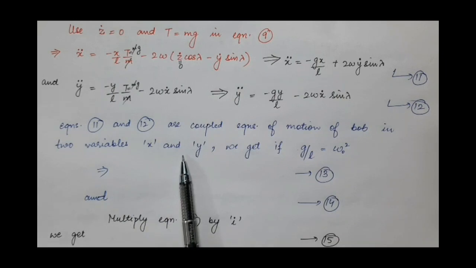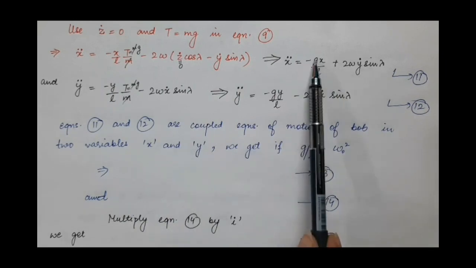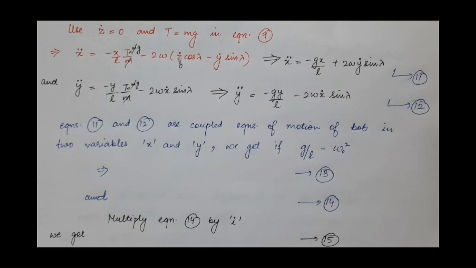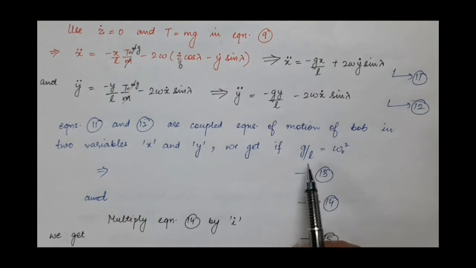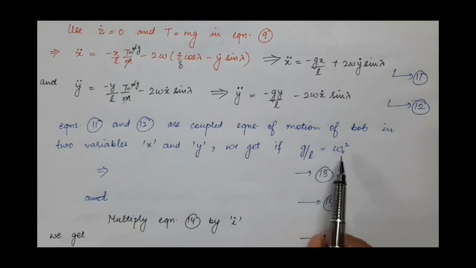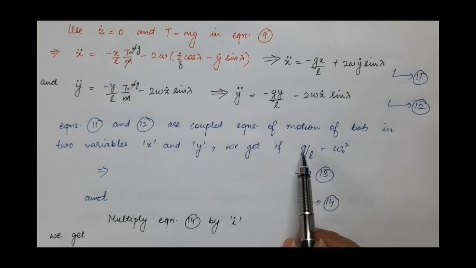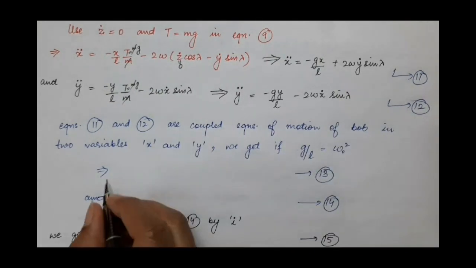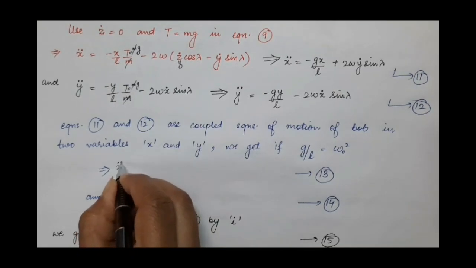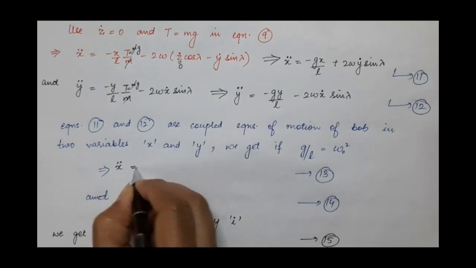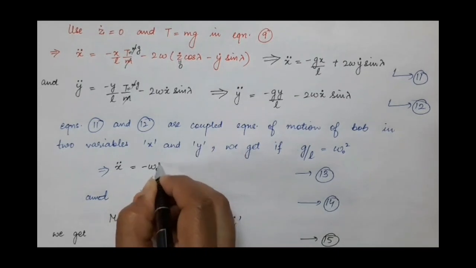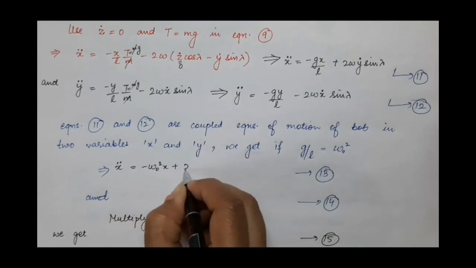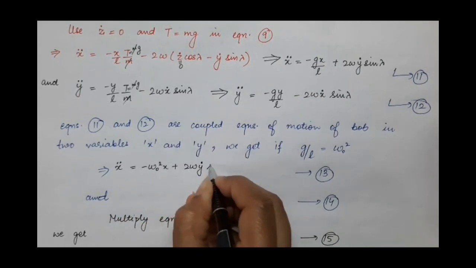And we know that in case of pendulum, this g by L is equal to the natural frequency, which is equal to omega naught square. You have already studied this in your waves and vibrations. So put g by L equal to omega naught square here, and what you will get, x double dot will be equal to minus omega naught square x plus 2 omega y dot sine lambda.